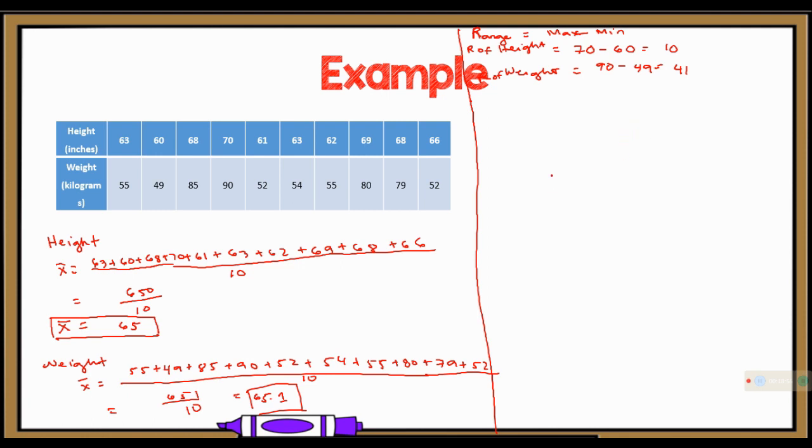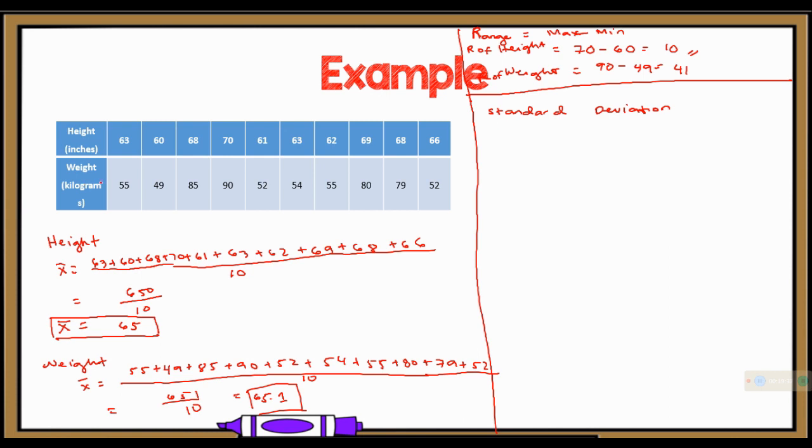This time, let's compute for the standard deviation. Okay, while we are recalling the formula for the standard deviation, balikan muna natin yung discussion natin dito sa range. If we are talking about the height, then medyo pwede na tayo mag-settle for the range, kasi wala naman siyang outlier.